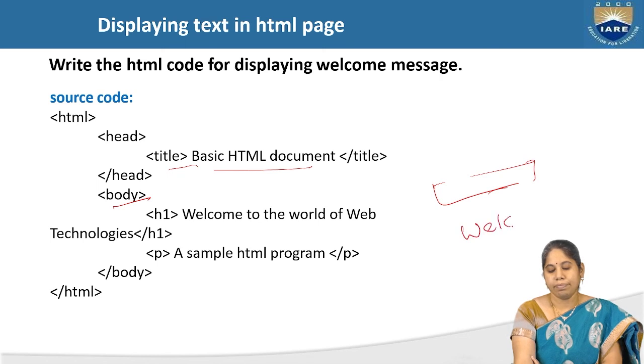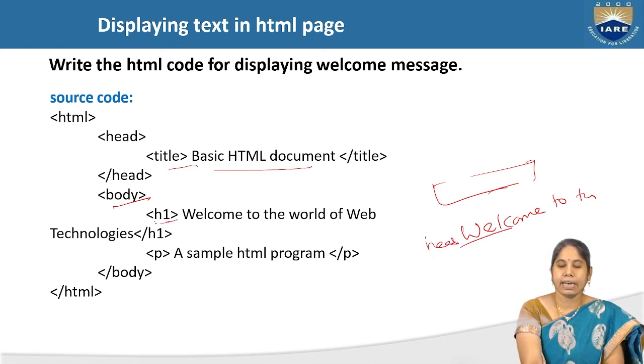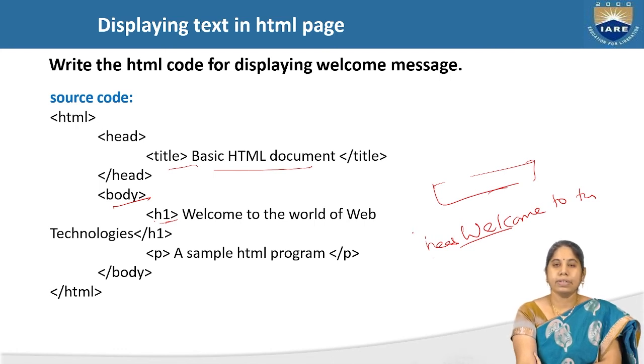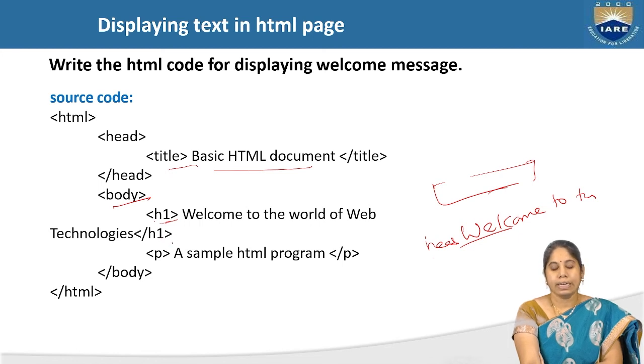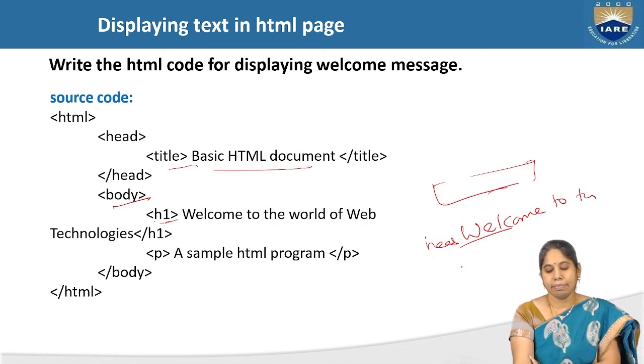Welcome to the world. This H1 tag says heading 1, followed by the closing heading 1 tag, and P is nothing but the paragraph tag element, a sample HTML program, closing p and closing body, then ending the body and the HTML web page tag element.